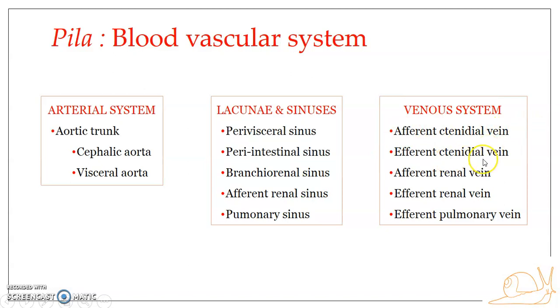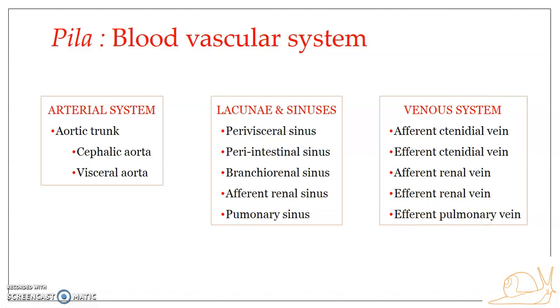The efferent tinnidial vein carries blood away from the tinnidium, so it is the vessel which carries oxygenated blood towards the auricle. All these efferent veins are carrying blood to the auricle: efferent tinnidial vein from the tinnidium, efferent renal vein from the posterior renal chamber, and efferent pulmonary vein from the pulmonary sinus specifically.